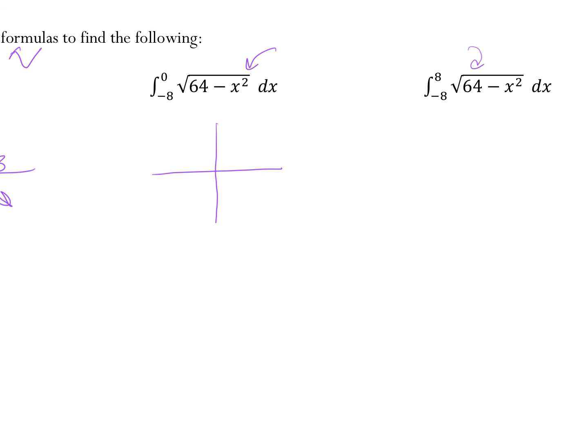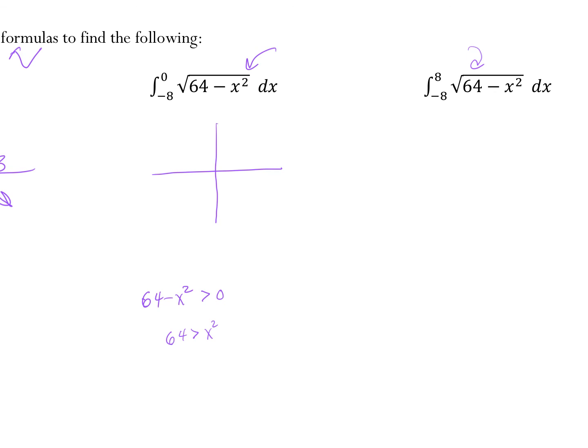From 8 to negative 8. So in terms of figuring out where it is defined, 64 minus x squared has to be greater than 0, yeah? Which means 64 has to be bigger than x squared. For which values is that true? It has to be between 8 and negative 8, because if x is bigger than either of those, then x squared becomes bigger than 64.